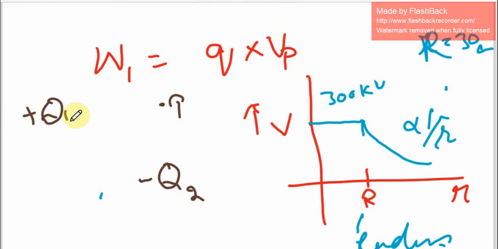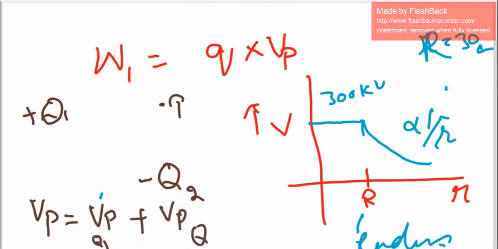If both Q1 and Q2 are positive, you will add the potential Vp due to Q1 plus Vp due to Q2. Add all the potentials due to Q1 and Q2. If Q1 is positive and Q2 is negative, this potential will be negative.